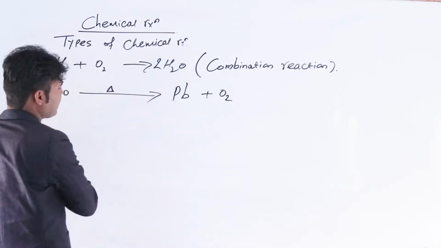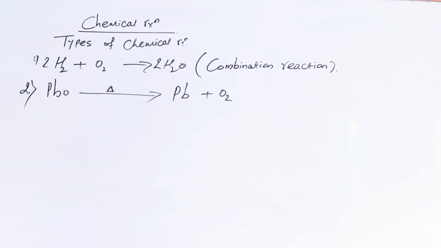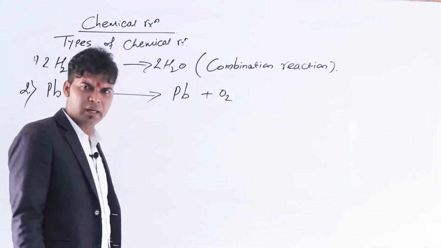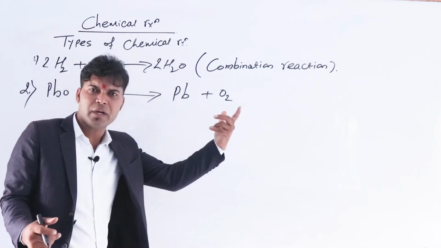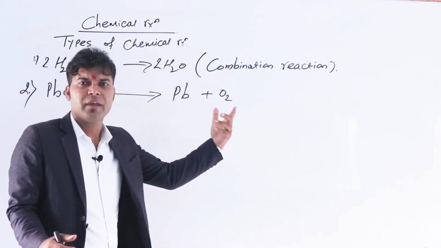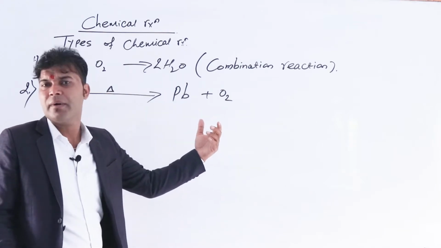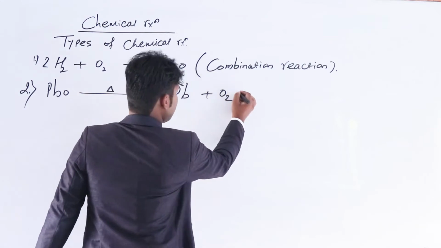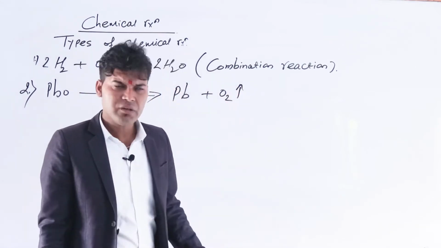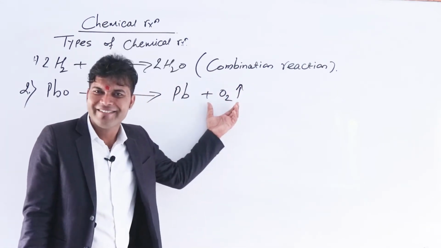When it is heated it gives Pb plus O2. I hope you remember from your class 9, we should put some notation, some things after the completion of our chemical reactions. Likewise, this arrow is put here because it is a gas, isn't it?